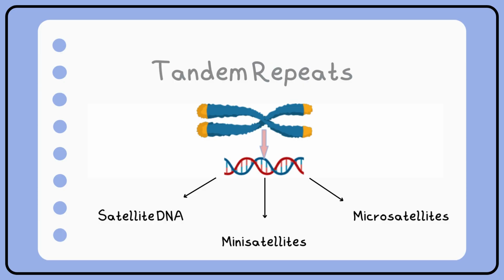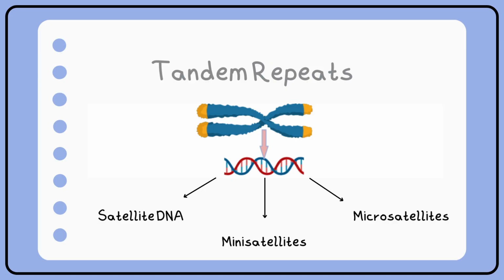A very well-known example of satellite DNA is alpha satellite, which makes up a major structural part of centromeres. Satellite repeats are essential for maintaining chromosomal architecture and proper centromere function, and they represent roughly 10 to 15% of the repetitive DNA in the genome.